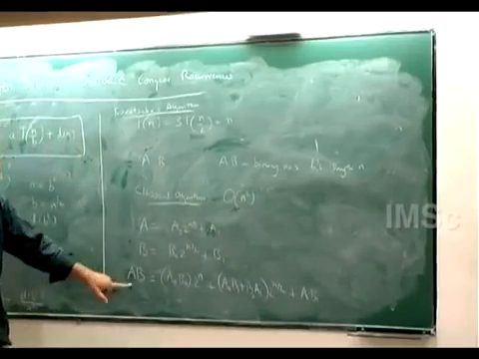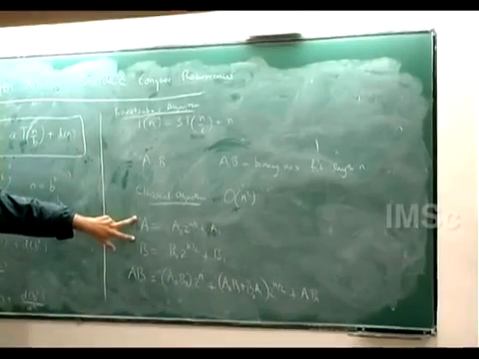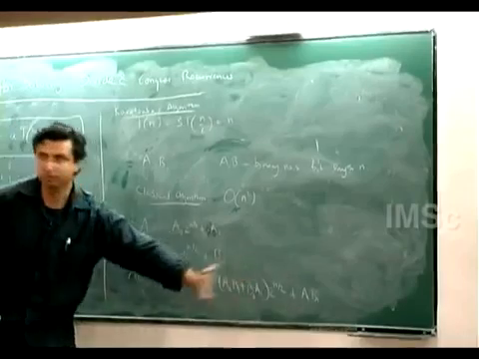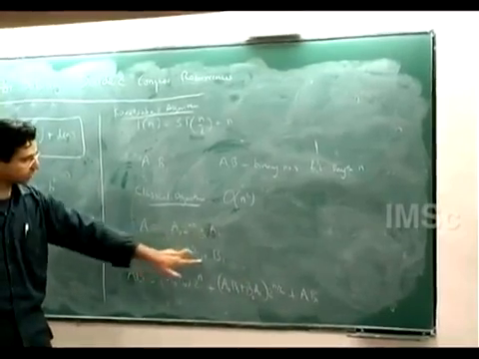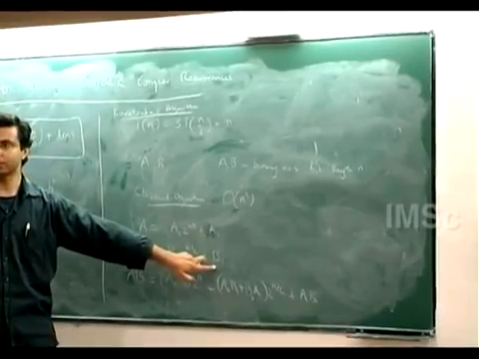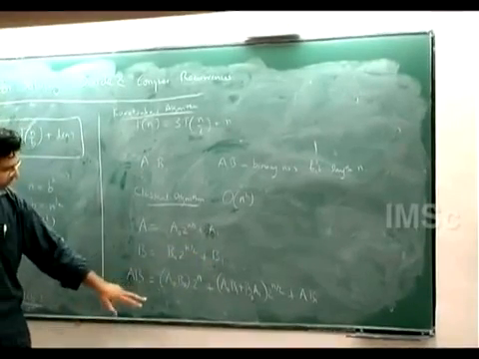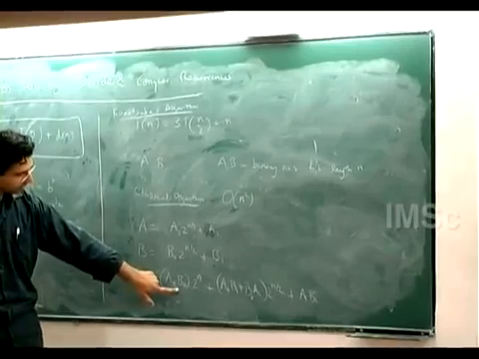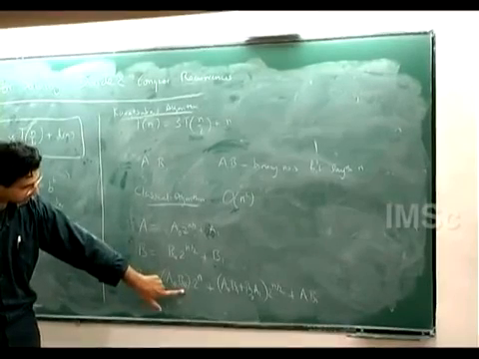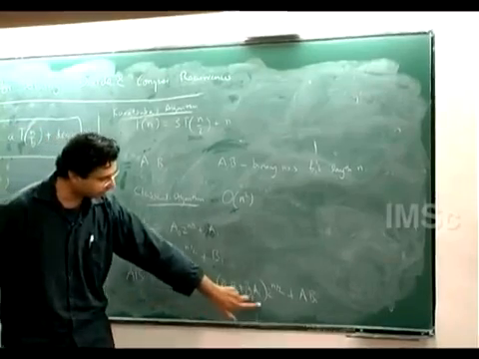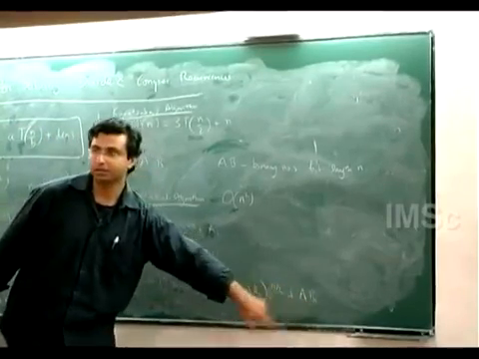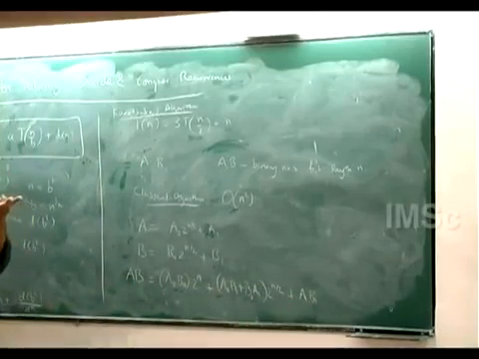So we get the product of these two numbers in this form, and all these 4 numbers are of bit length n by 2. So if I do it in this form, each product is a multiplication of numbers of bit length n by 2. I have done 4 multiplications.